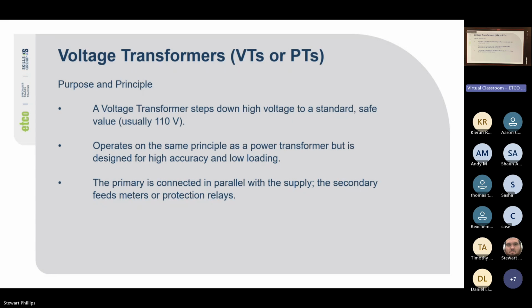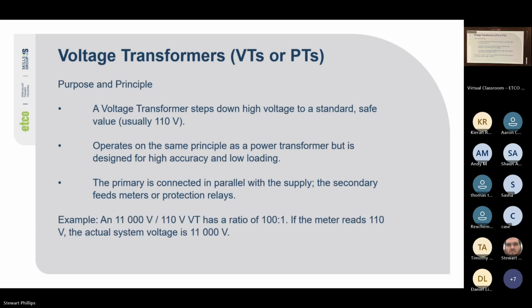The secondary feeds meters or protection relays. For example, an 11,000 to 110 volt VT has a ratio of 100 to 1. So if the meter reads 110 volts, the actual system voltage is 11,000 volts. It's basically just a straight transformer. We're just checking the voltage.